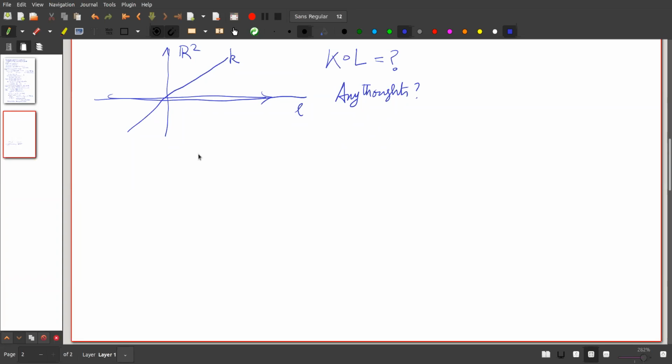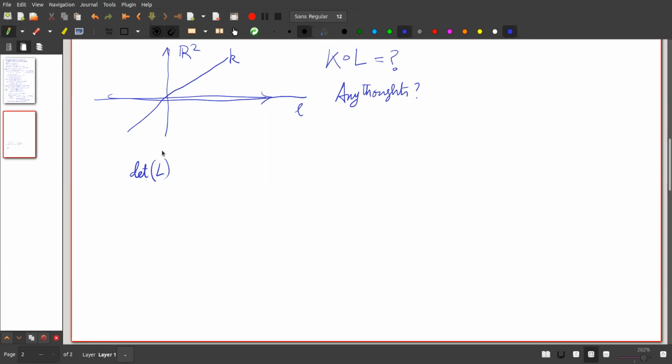So if you think of it as a matrix, what is the determinant of L? Or let us write out L as a matrix. So let's write out L as a matrix.